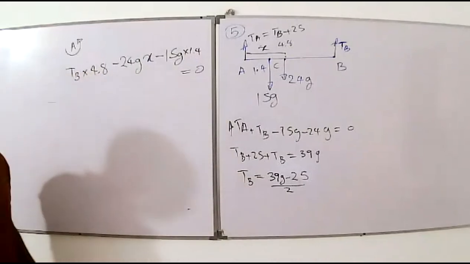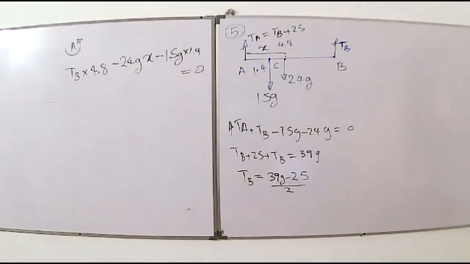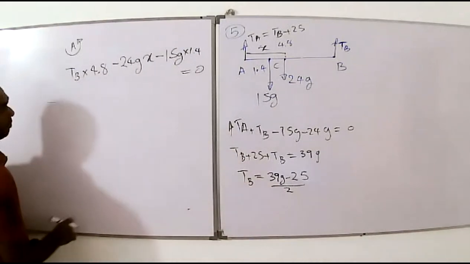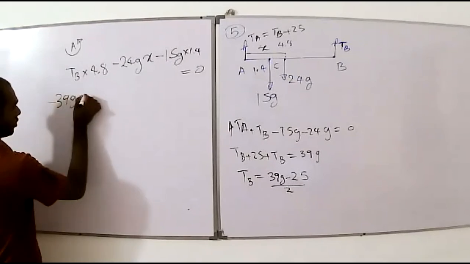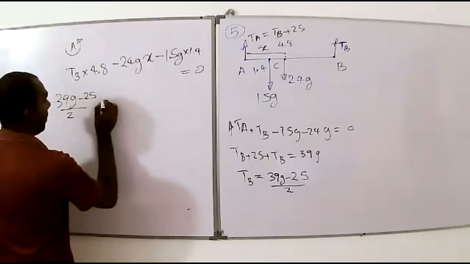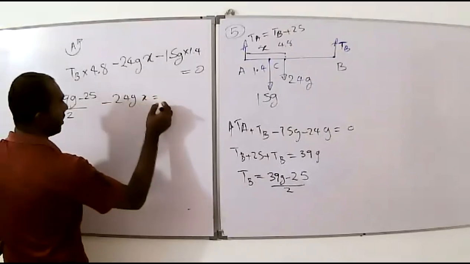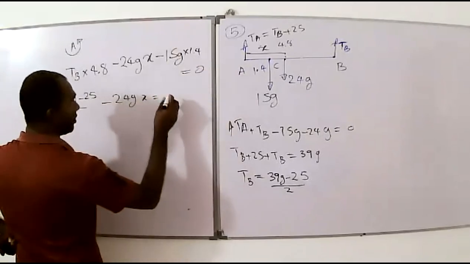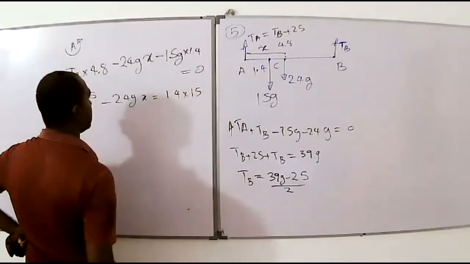Why? Even though this is a non-uniform rod, we can consider the situation as being in equilibrium. So we can substitute TB: (39G minus 25) divided by 2, minus 24GX equals, taking it to the other side, 1.4 into 15G.